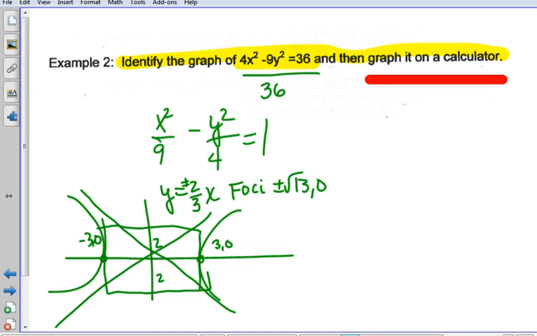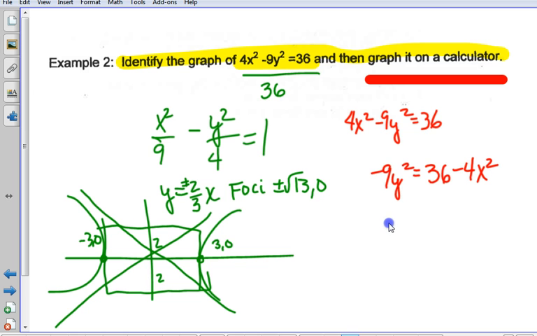How would we get this in y equals form? We'd have negative 9y squared equals 36 minus 4x squared. We'd have to divide by negative 9.